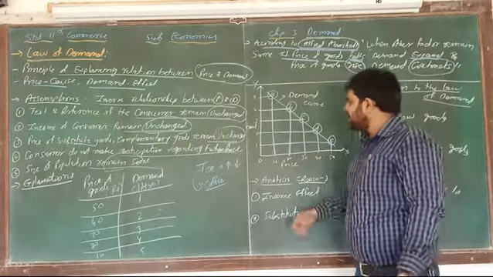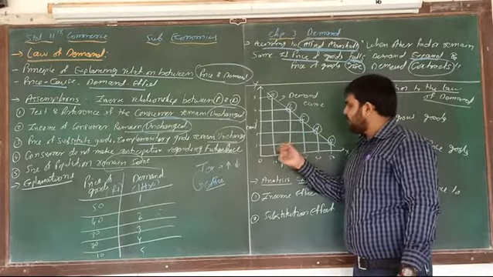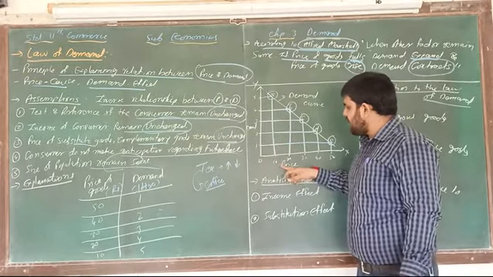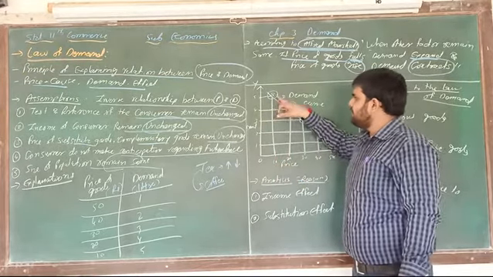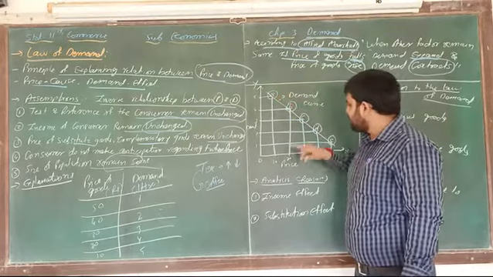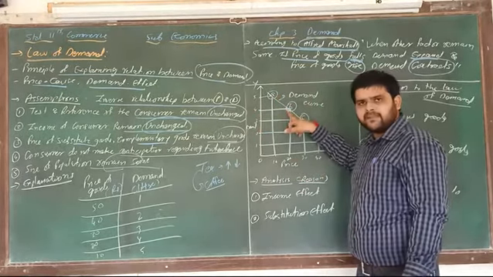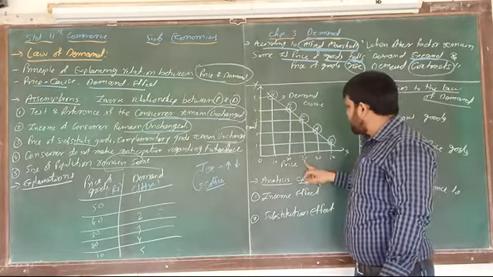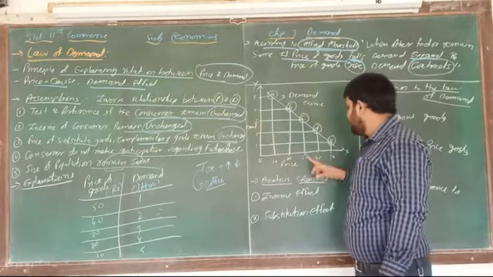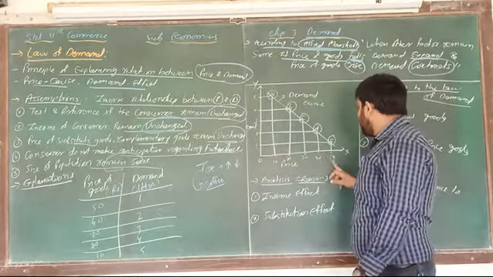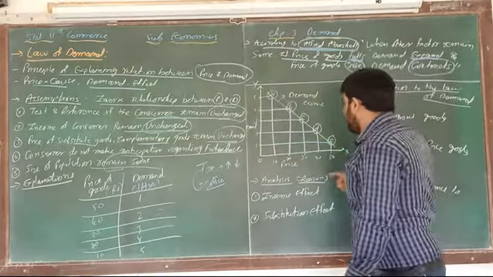Then we write that if price of goods is 10, demand is 5, denoted by A. Then at price 20, demand increases to 4, denoted by B. Same here, 30, 3 denoted by C. 40, 2 denoted by D. And 50, 1 denoted by E.